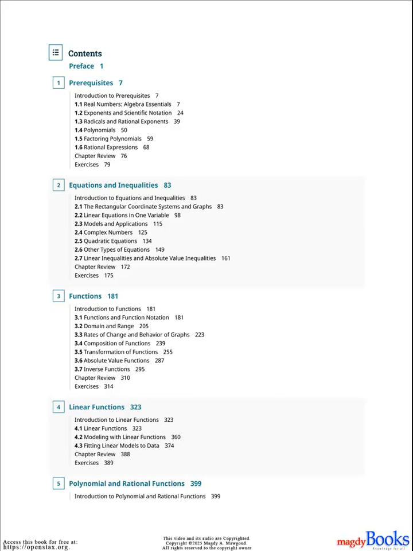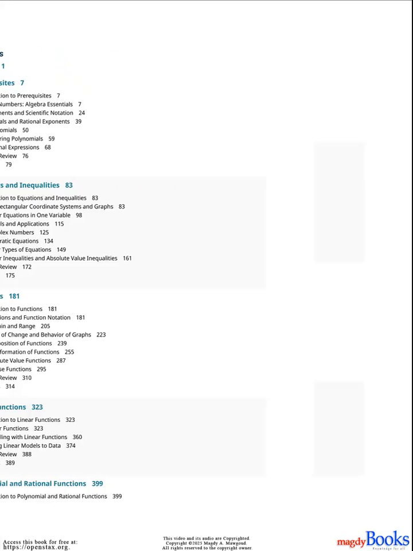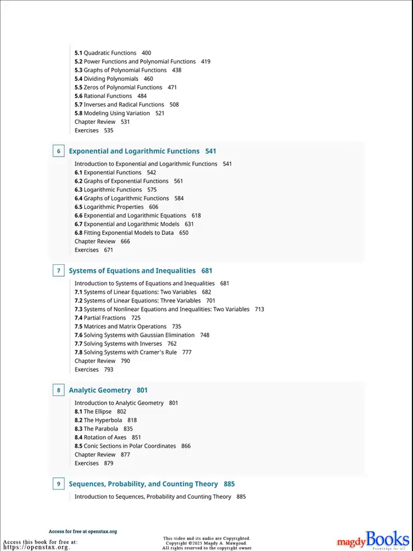4.1. Linear functions. 4.2. Modeling with linear functions. 4.3. Fitting linear models to data. Chapter review. Exercises. 5. Polynomial and rational functions. Introduction to polynomial and rational functions. 5.1. Quadratic functions. 5.2.